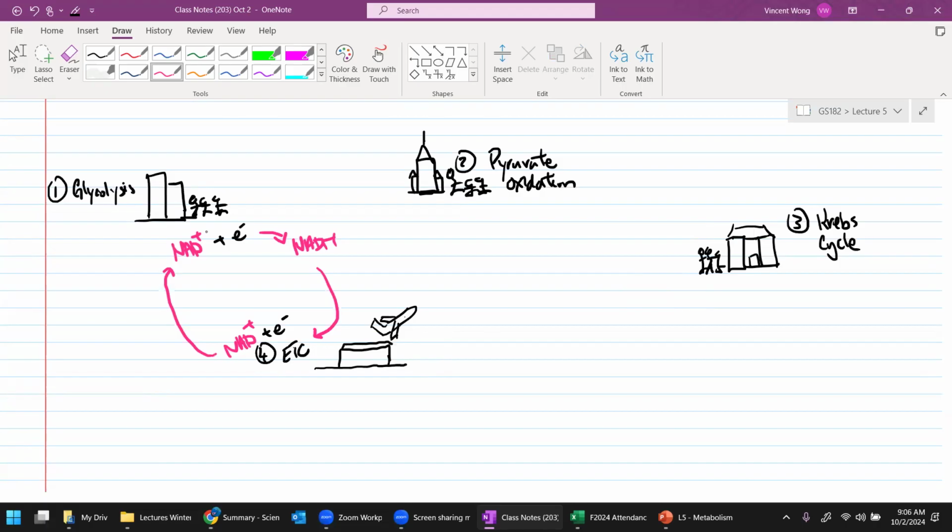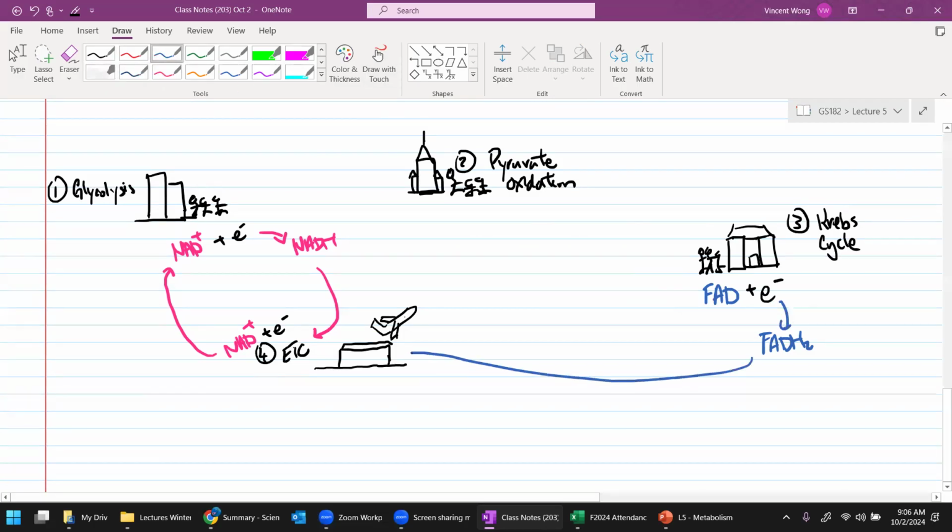So copy it down if you want, or if you already understand it, then that's okay. You don't really have to copy it. Okay, so this is FAD, and then it's going to become FADH2. Now FAD can only go to hotel number 3, okay? Because of things that I haven't told you yet.